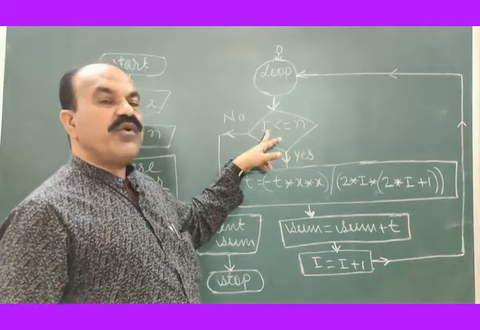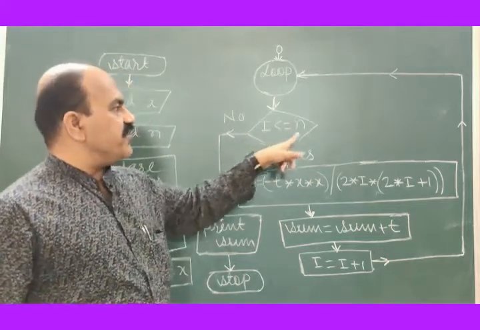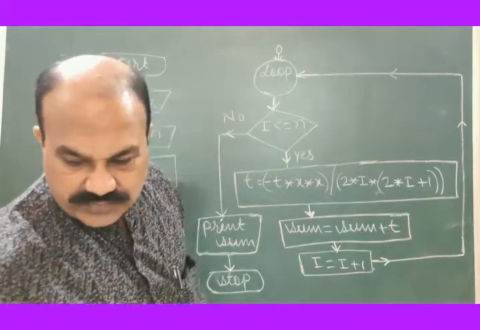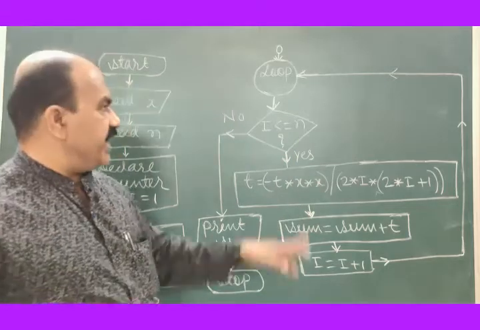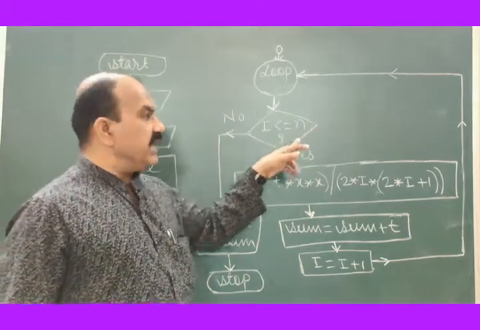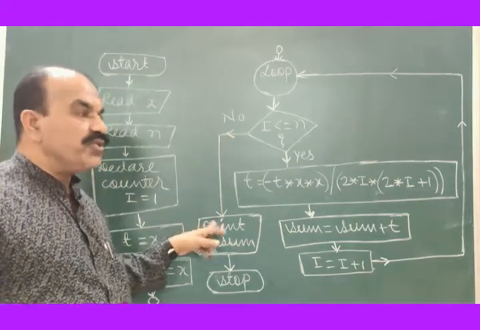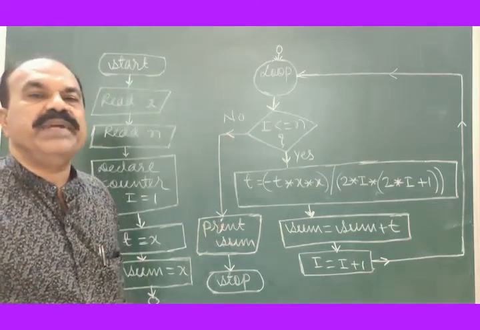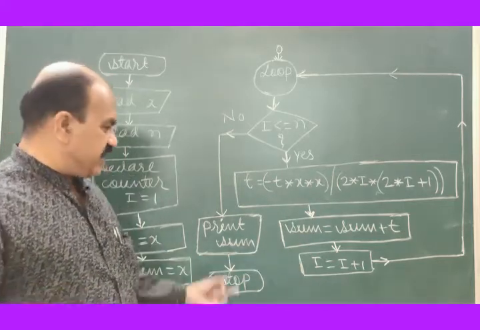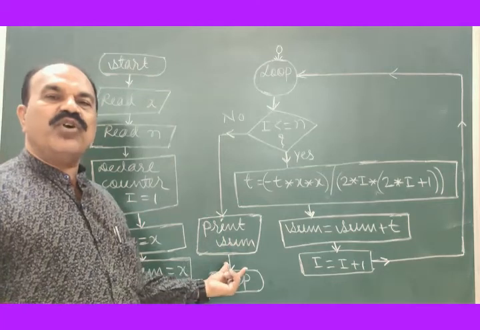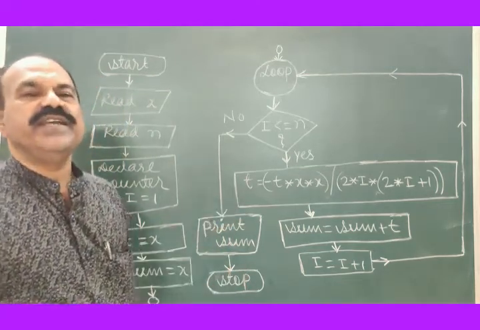As soon as this counter I becomes greater than n, for this question the answer is no. As soon as the answer is no, your task is completed. You have found the value of sine series. Print the sum for the sine series and stop the execution.